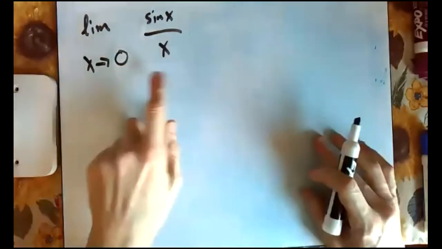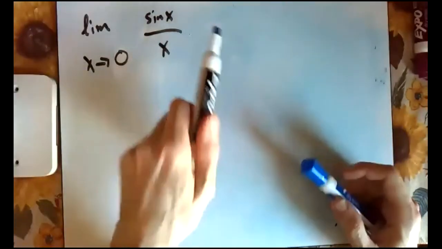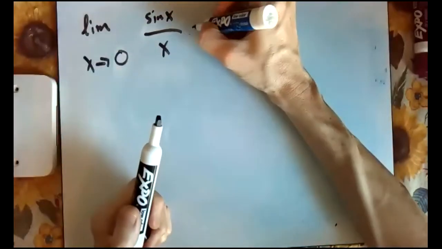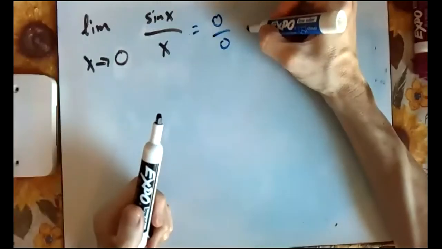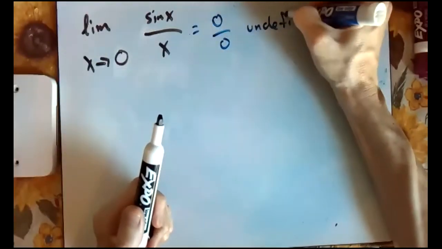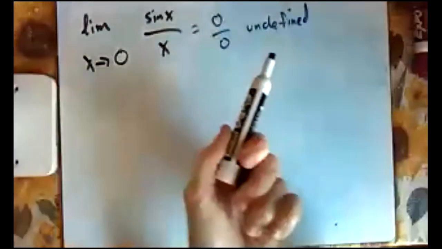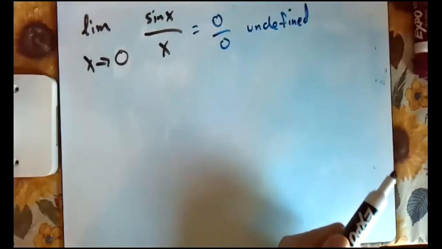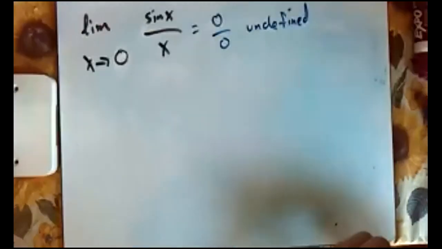With this, we have an issue, right? Because if we dump 0 in, you get sine of 0, which is 0 over 0. No good, this is undefined. Now, undefined is a possible limit as an answer. It just depends on what's happening.